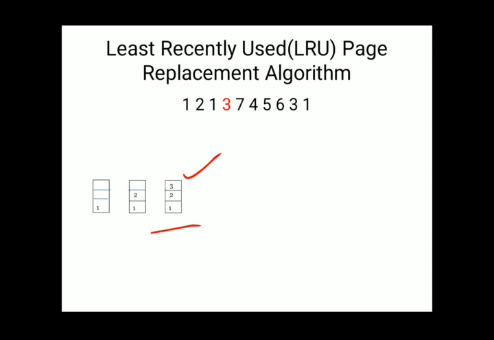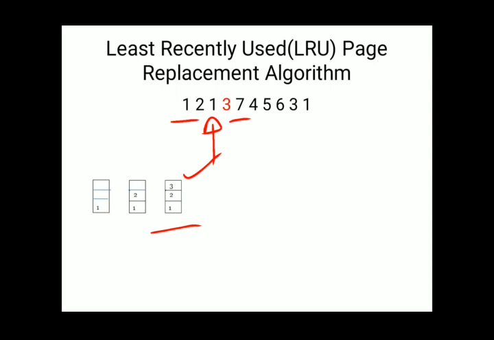Now the next element is 7, and the question is where 7 is to be inserted in the memory. Because all frames are full, this can be decided by the least recently used page replacement algorithm.